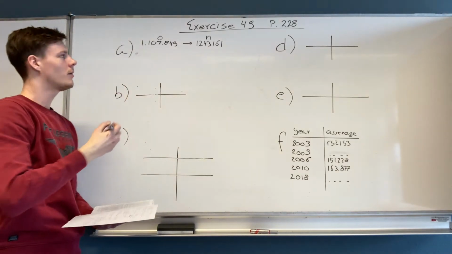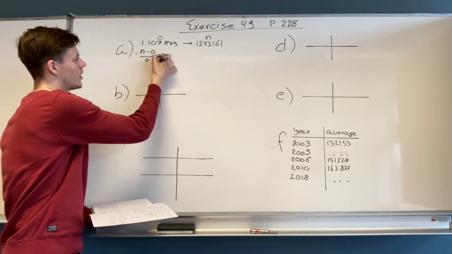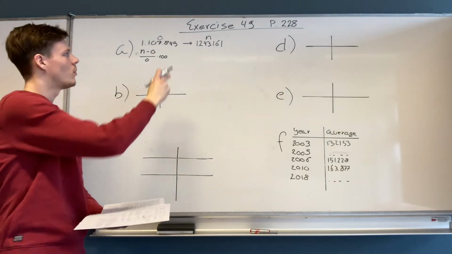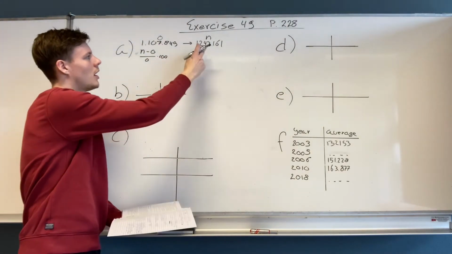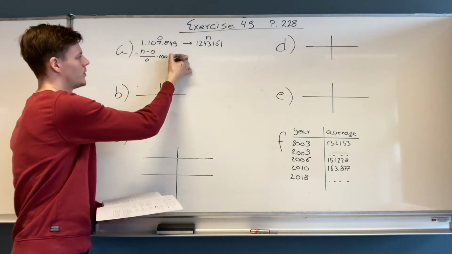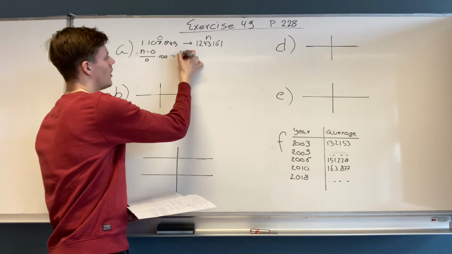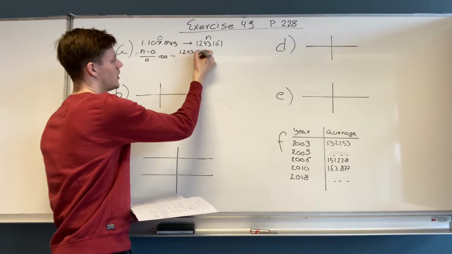There's this formula, which is new minus old divided by old times 100 to calculate the percentage increase. The old number of inhabitants was 1.1 million and the new one is 1.2, so we can fill those two numbers in here, like this.